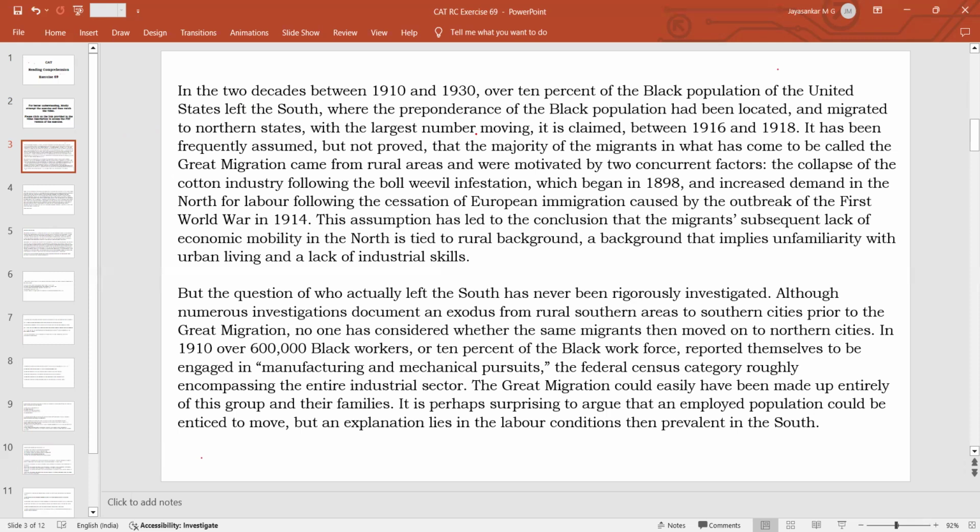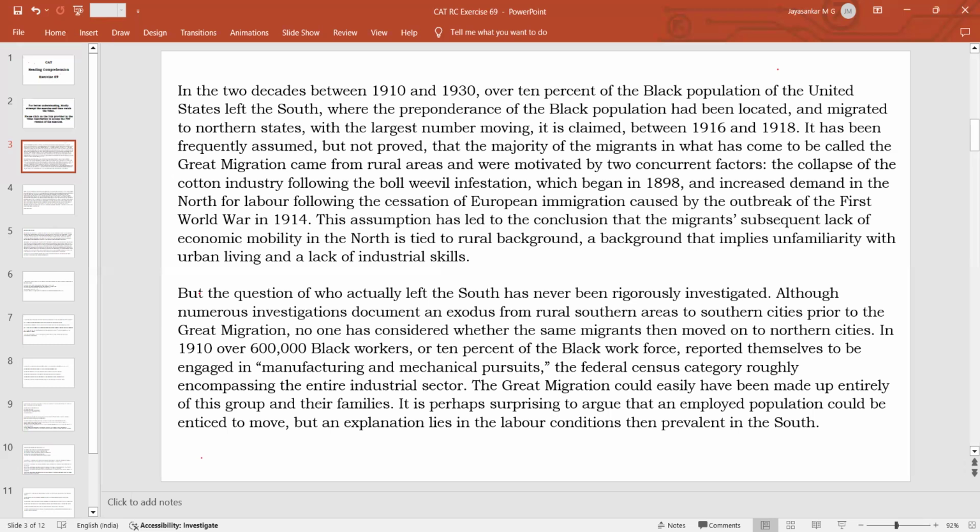Around 10% of the black population migrated from the south to the north, and the majority of this migration happened between the years 1916 and 1918. It is assumed that the majority of the migrants were from the rural areas of the southern states during this migration period called the Great Migration. So they had hailed from the rural areas.